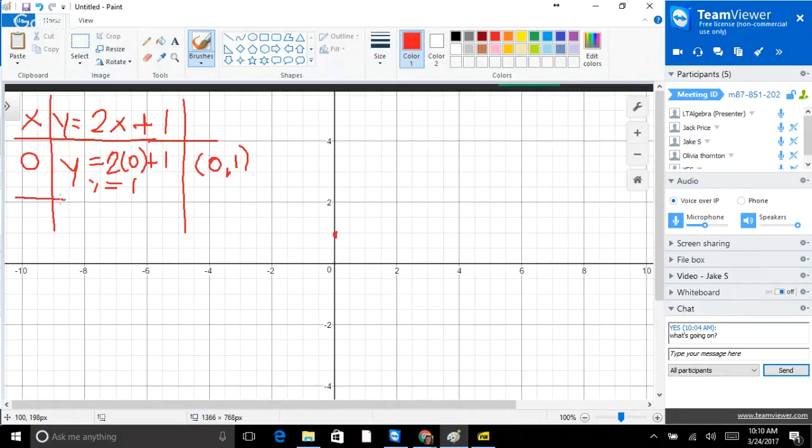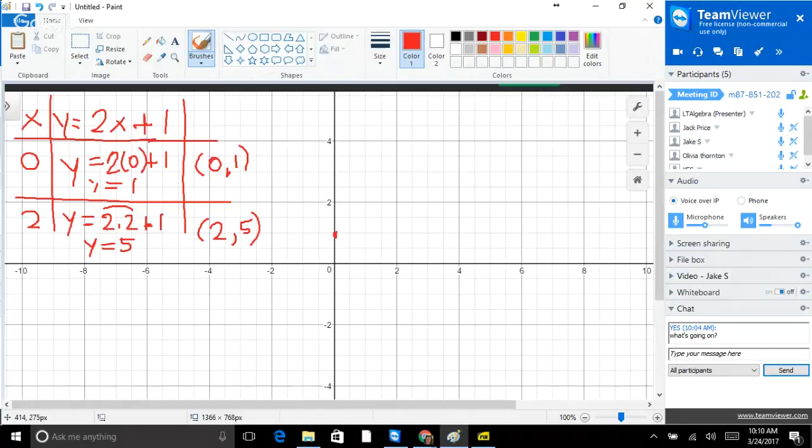But in order to get a better feel for my line, I need a few other points. So let's pick another one. What happens when x equals 2? When x equals 2, y equals 2 times 2 plus 1. So 2 times 2 is 4, plus 1 is 5. So when x equals 2, y equals 5. This is another point at 2, 5.